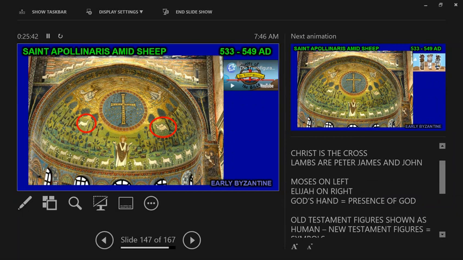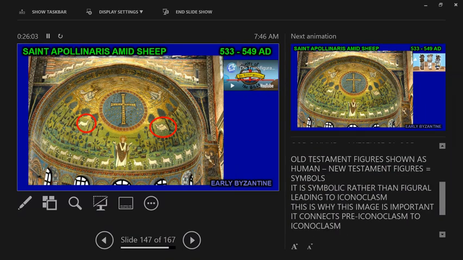The lambs are Peter, James, and John of the story that we just looked at. Moses is on the left up here, and Elijah is up here on the right. And then God's hand is up here in the center, and it shows the presence of God.